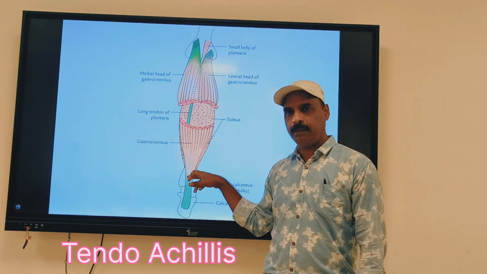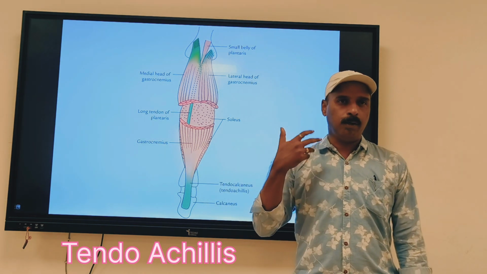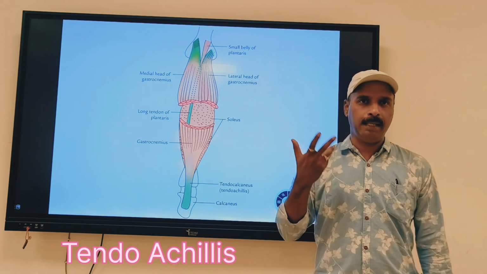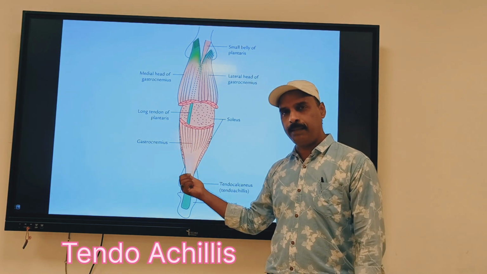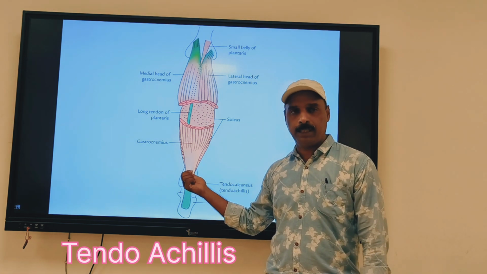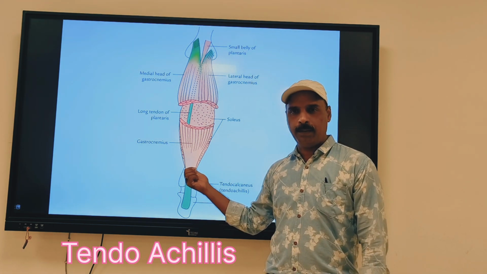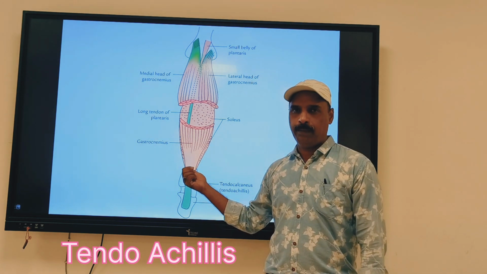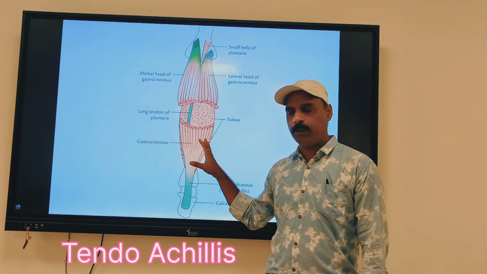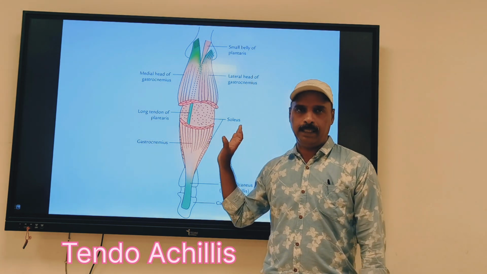The tendon was cut, so he could not stand or run. In war you have to stand and run, but if the Tendocalcaneus is cut, you cannot walk or stand. So he was hit by an arrow here and died. This is the history you have to tell for the Tendocalcaneus.